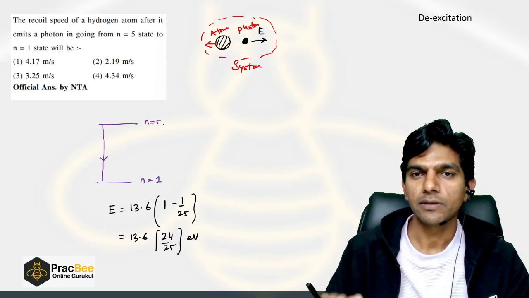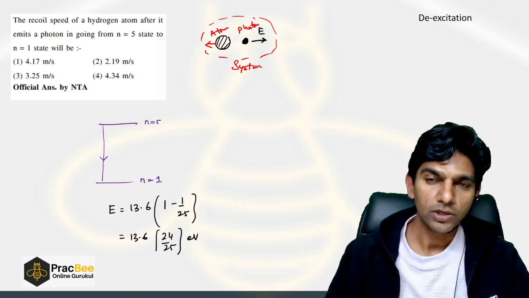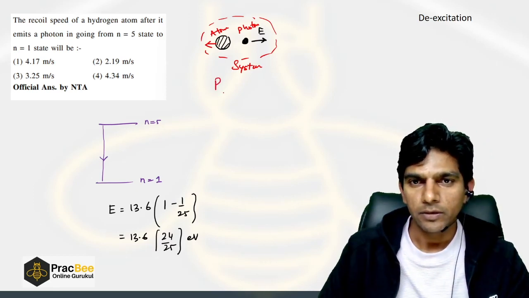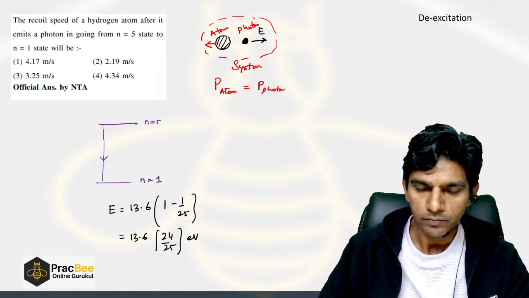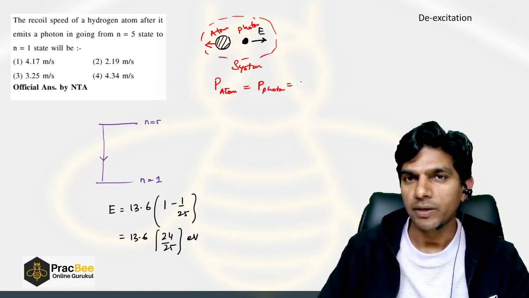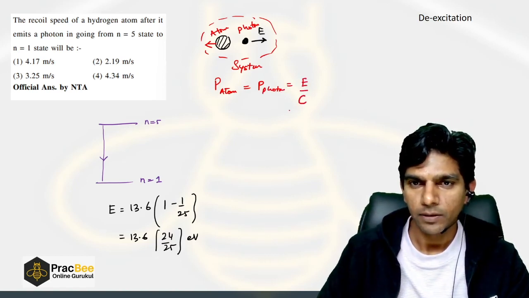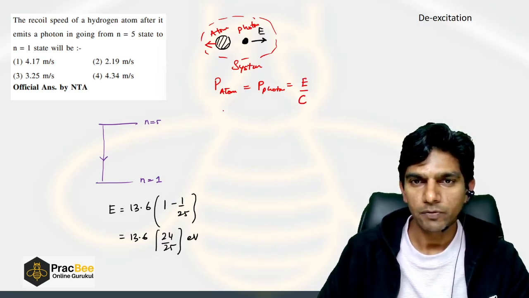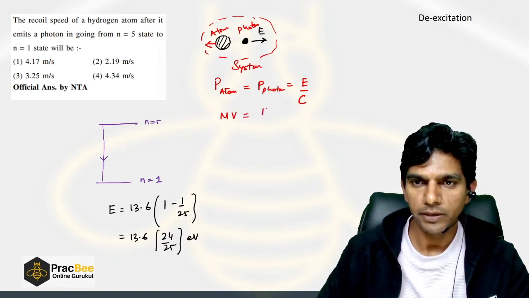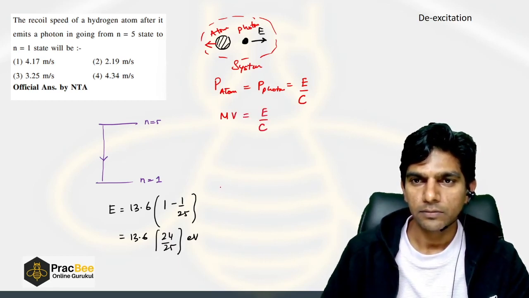So we are assuming that the atom was at rest initially. So we can say the magnitude of momentum of atom is same as the magnitude of momentum of photon. And you know that for photon, momentum is given by E by C. And the momentum of the atom will be mass of the atom times the velocity of the atom. So this will be E by C.